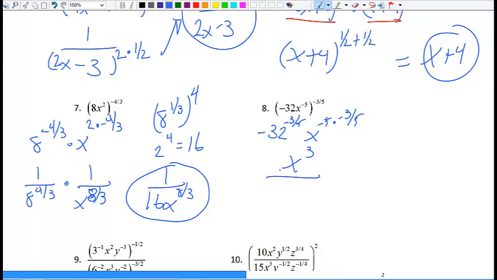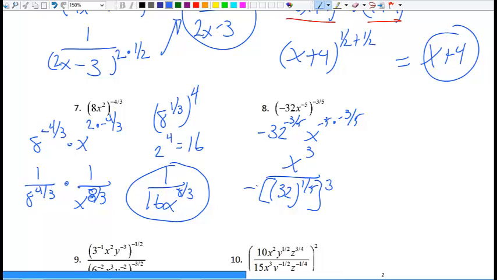Now, with the other number, the 32, being raised to the negative power, we're going to bring that to the denominator, which will then make it positive. And the negative part just sticks with it. So negative, and I'm going to take advantage of the fact that I can raise that to the fifth root, and then I want to cube that.